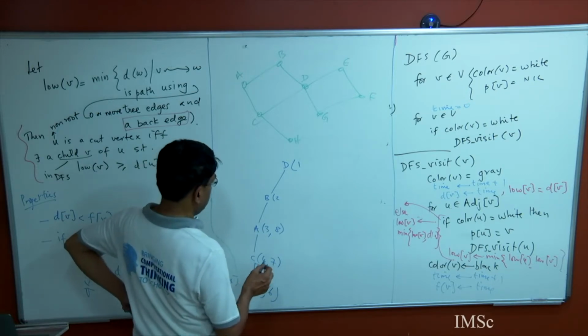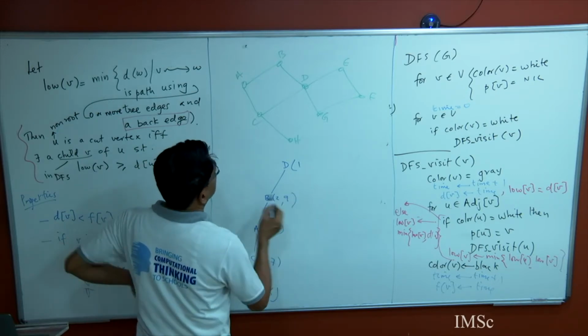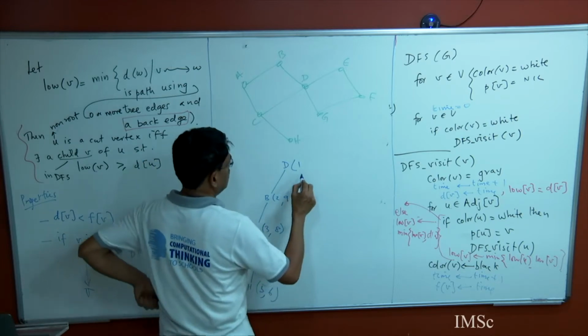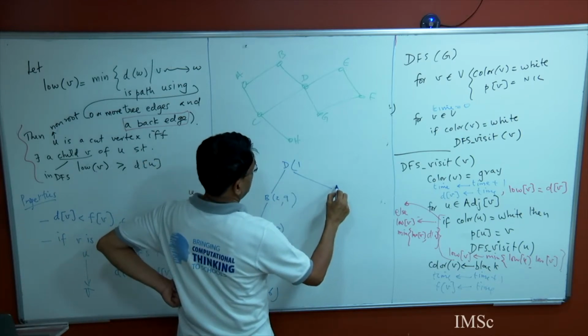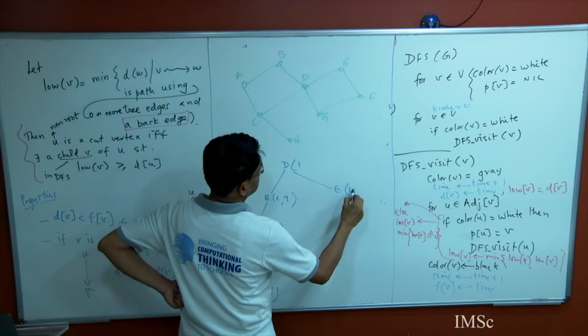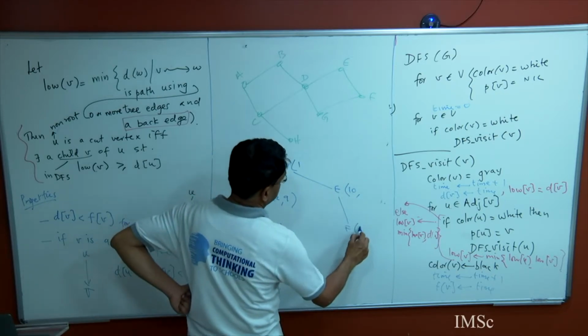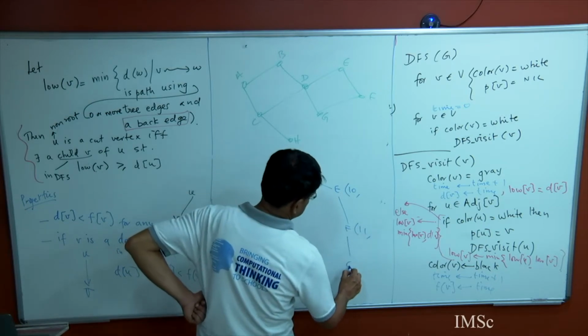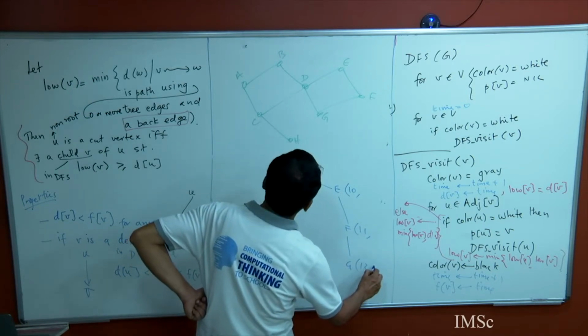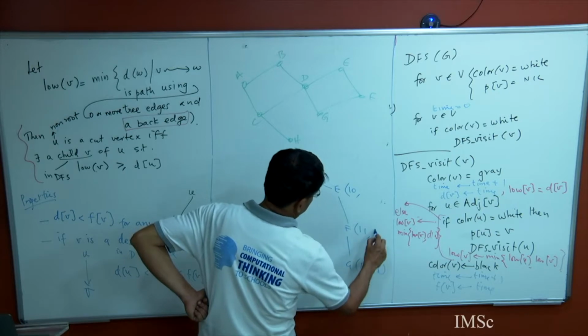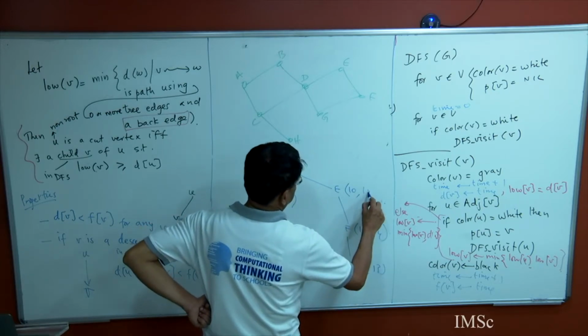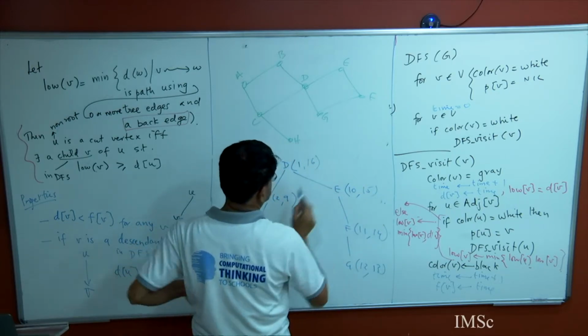B is done, A and D, so it's 9. And D grows into E at timestamp 10. Then goes to F, 11, G, 12. G is done, 13, 14, 15, and 16.